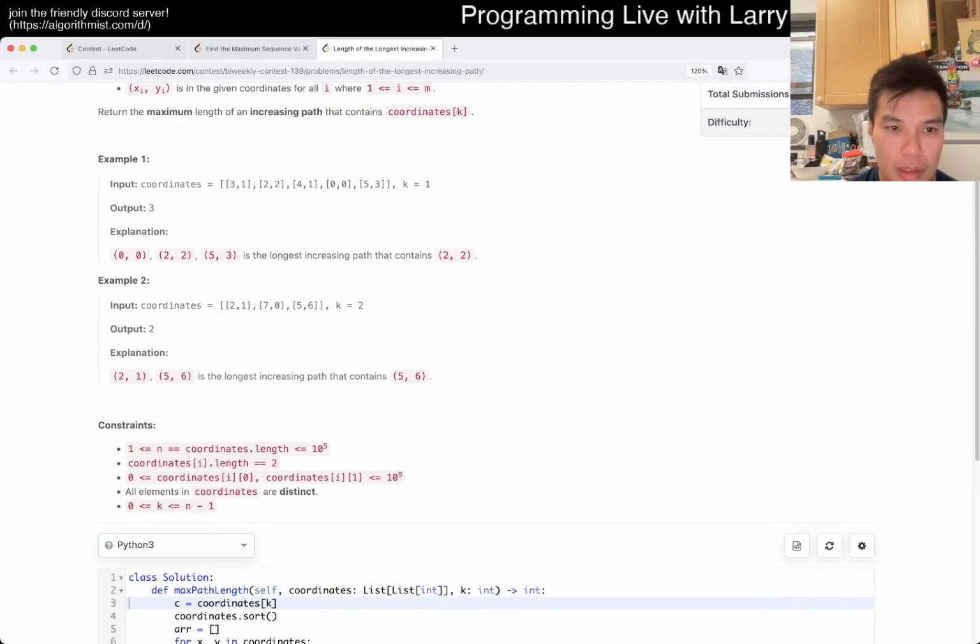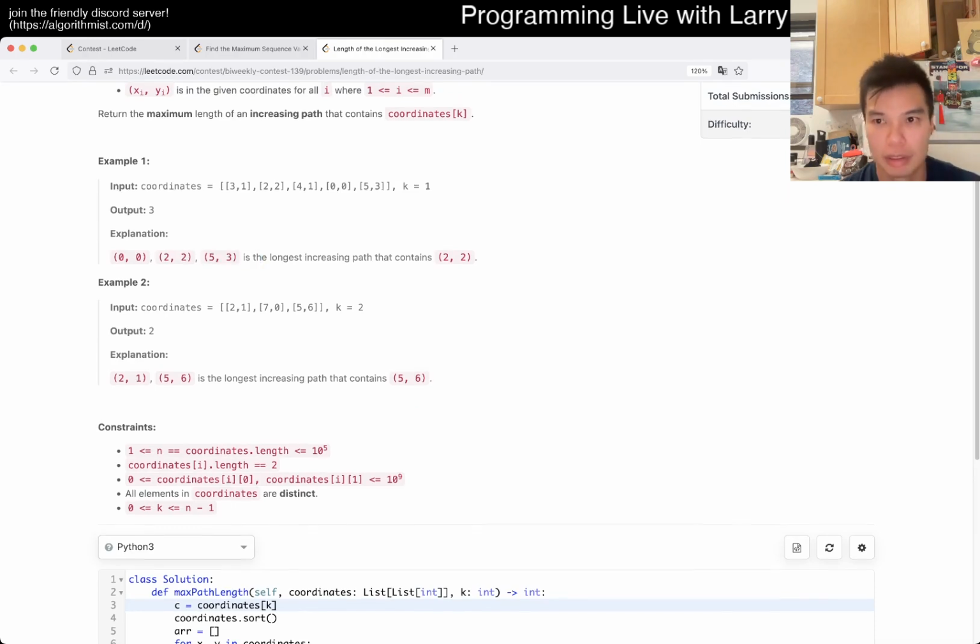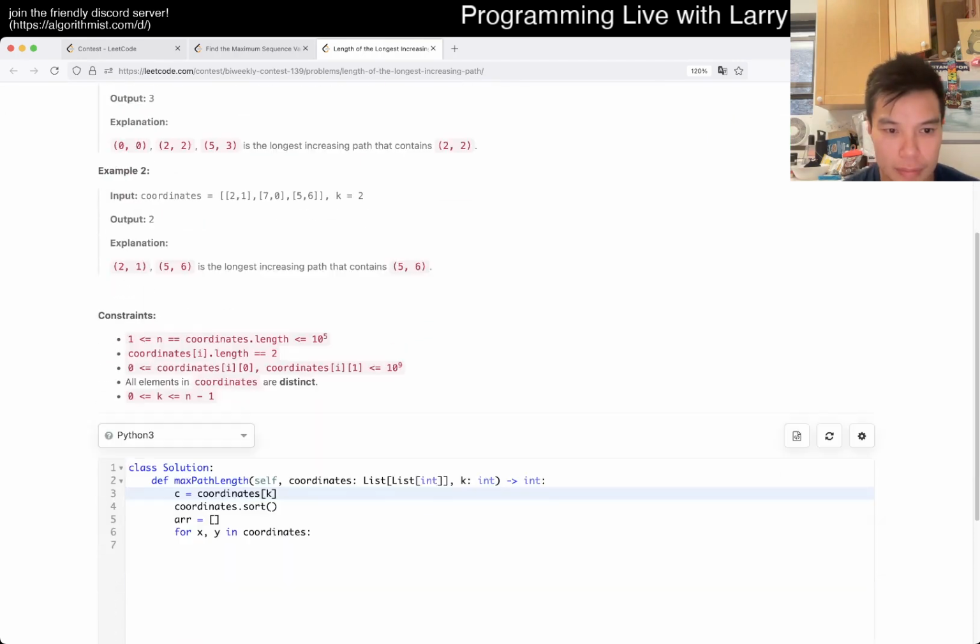I mean, that's easy. Let me just do longest increasing from here, and longest decreasing from the other side, right?